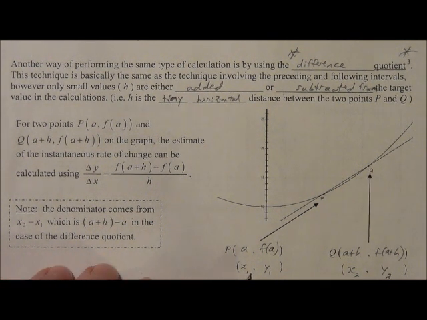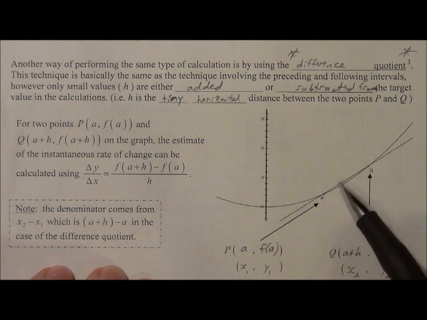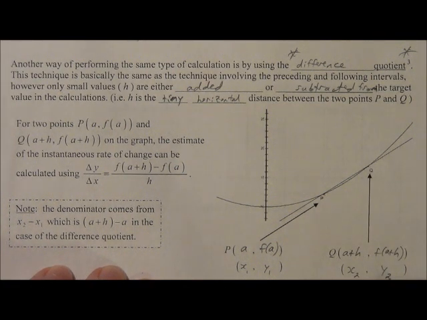Okay, so if you were to calculate the slope between these 2 points, PQ, along the secant, we would of course do y2 minus y1 over x2 minus x1. We do exactly the same thing as this, but instead of using y's and x's, we're going to be using f of a plus h minus f of a divided by a plus h minus a.